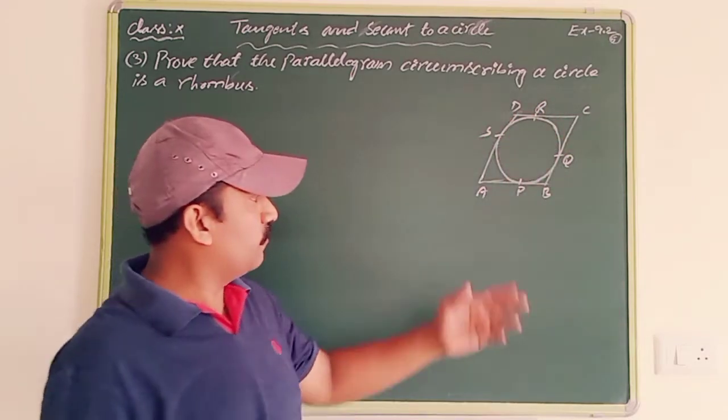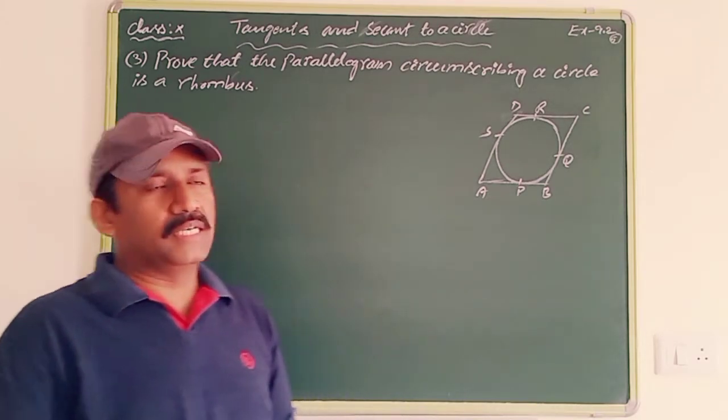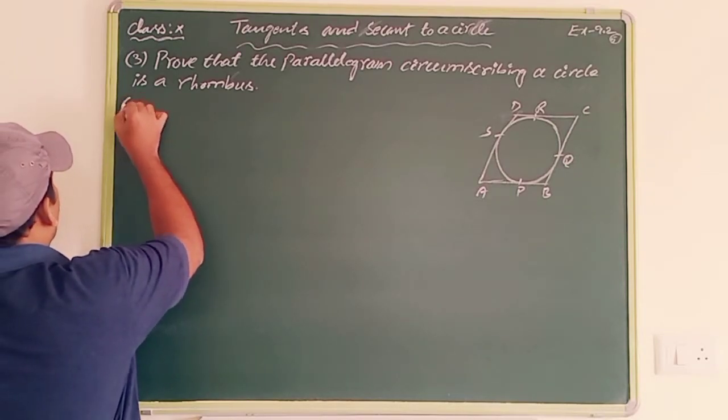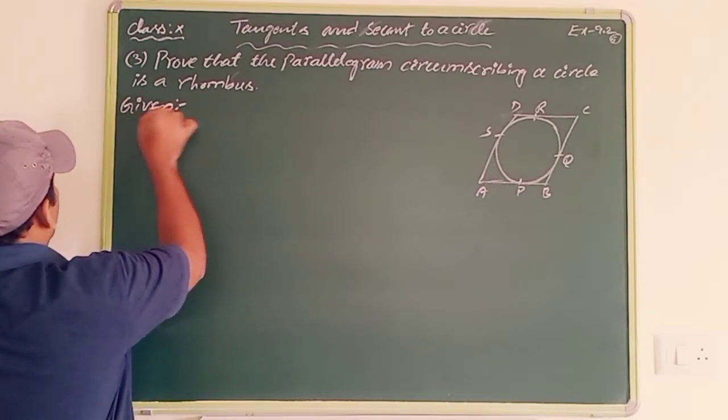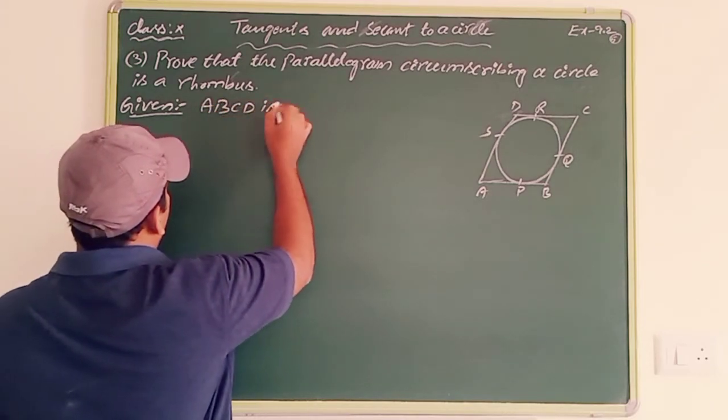So we have to prove that finally their adjacent sides are equal. So how can we discuss now? Okay, given: what is given in this? ABCD is a parallelogram.